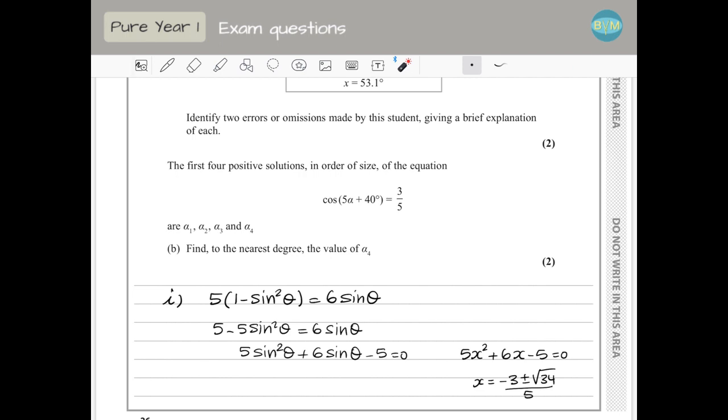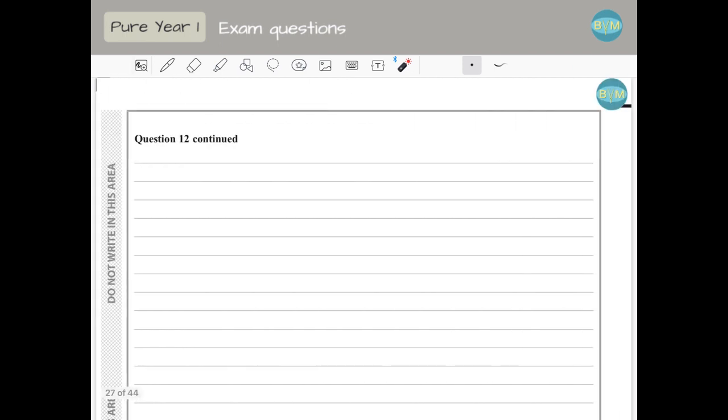So my x is my sine theta. This means that sine theta is equal to minus 3 plus root 34 divided by 5, or sine theta is equal to minus 3 minus root 34 divided by 5. So I have two solutions.